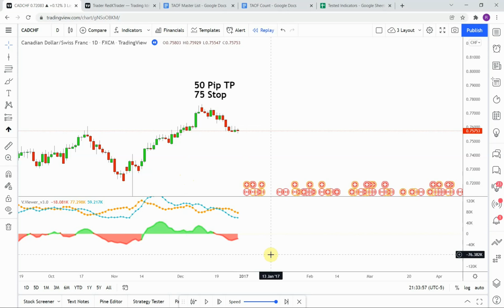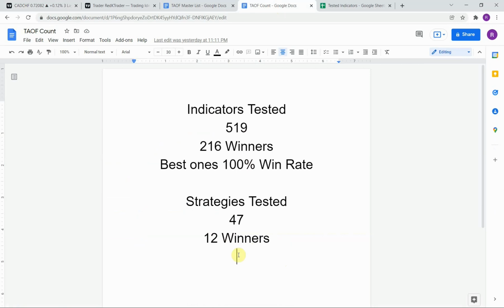Alright, as I said, today we will be testing the RedK supply and demand volume viewer. Before we do though, I wanted to put the testing scoreboard up for everyone to see. So to date, we have tested a total of 47 different strategies, with 12 of them being winners.